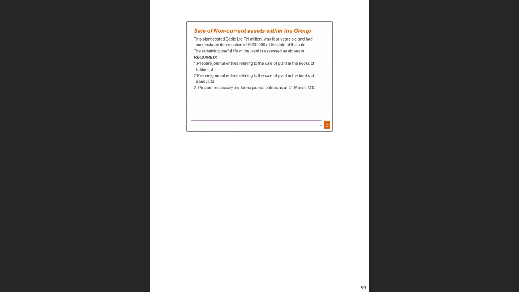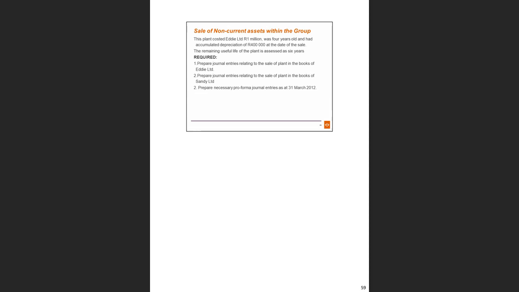So now we need to prepare the journal entry relating to the sale of the plant in the books of Eddie, and the journal entry relating to the sale of the plant in the books of Sandy. Prepare the necessary pro forma journal entries at 31 March 2012.